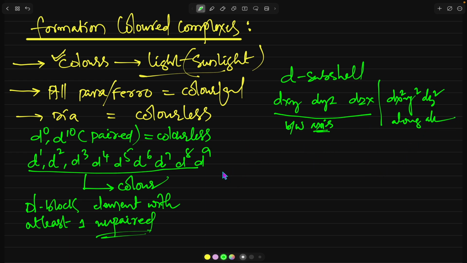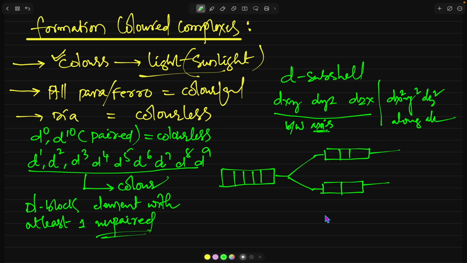That's why the 5 d orbitals generally get split in presence of sunlight. They split like this. So 2 orbitals are here, and here you have 3 orbitals, right? So splitting of d orbitals takes place in presence of sunlight.